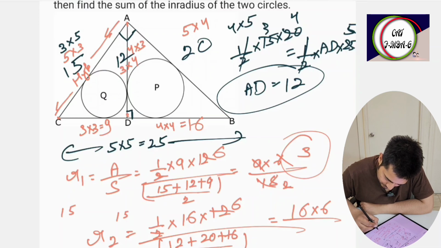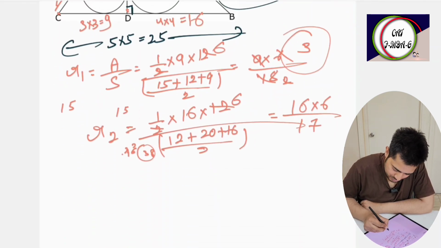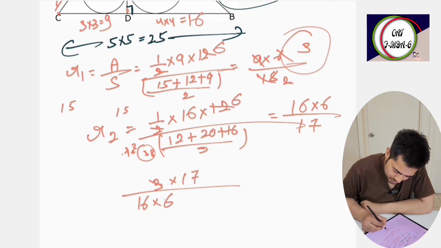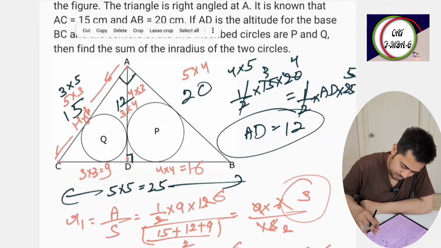So R1 by R2 is... I think, no, wait, I'm making some mistake here.